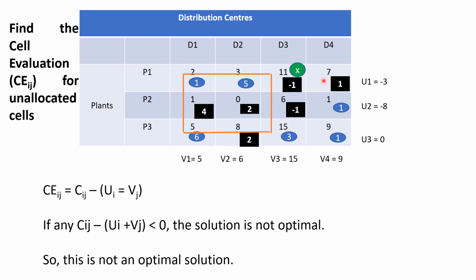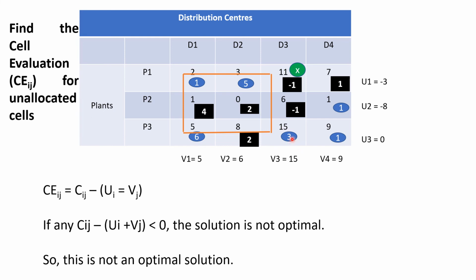Now let's suppose this wants to come into my solution, and I assume that x units are transported through this route. Then definitely this allocation should be 1 minus x, this allocation should be 6 plus x, and this allocation should be 3 minus x.